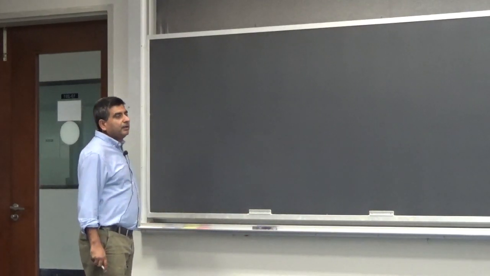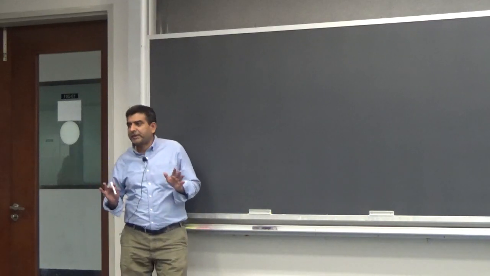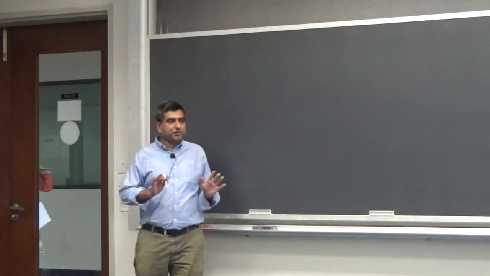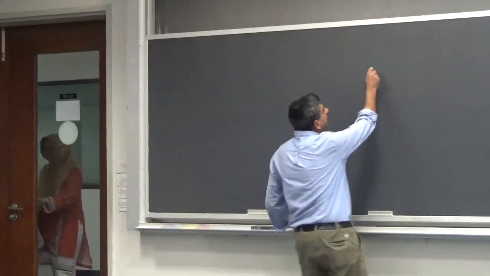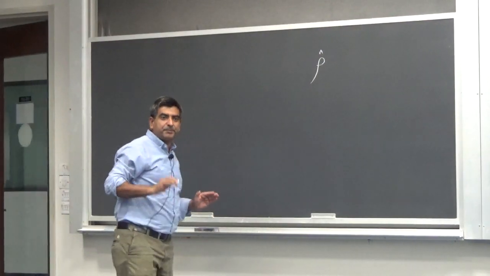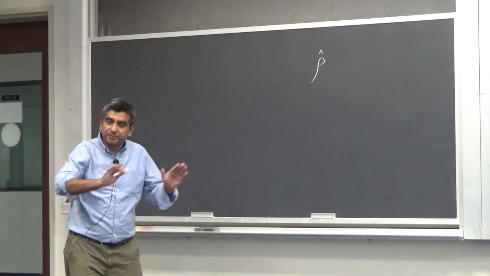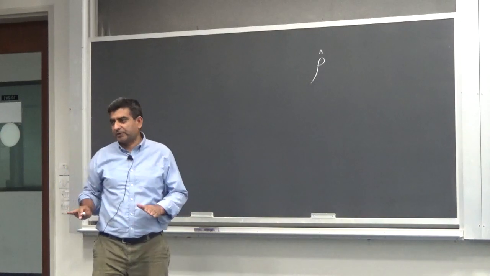So we've been exploring the idea of density operators for the previous 2 lectures. In short, the density operator is one way of representing quantum states, be they pure, be they mixed. So it represents both pure as well as mixed quantum states.